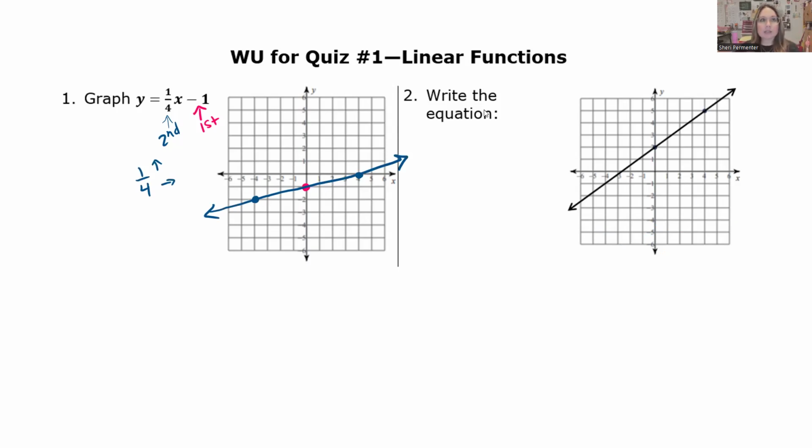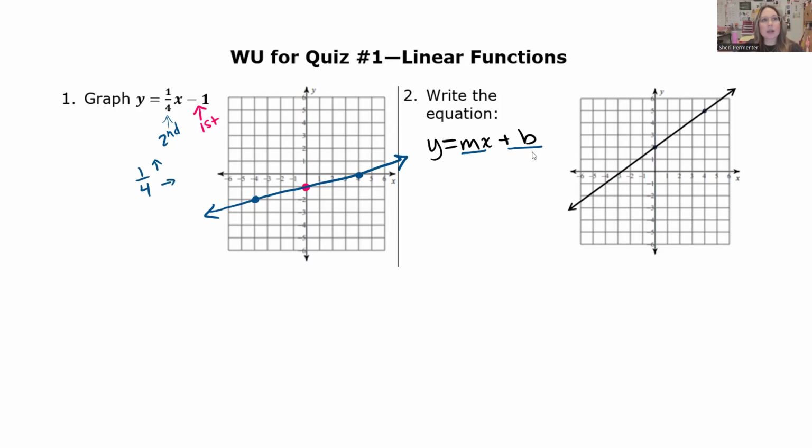The next question, it says write an equation and I'm given a graph. So I need these two things. I'm going to write an equation. My equation is going to be in the form of y equals mx plus b. And so the two things that I'm looking for to be able to write my equation, I need to find the slope and I need to find the y-intercept.